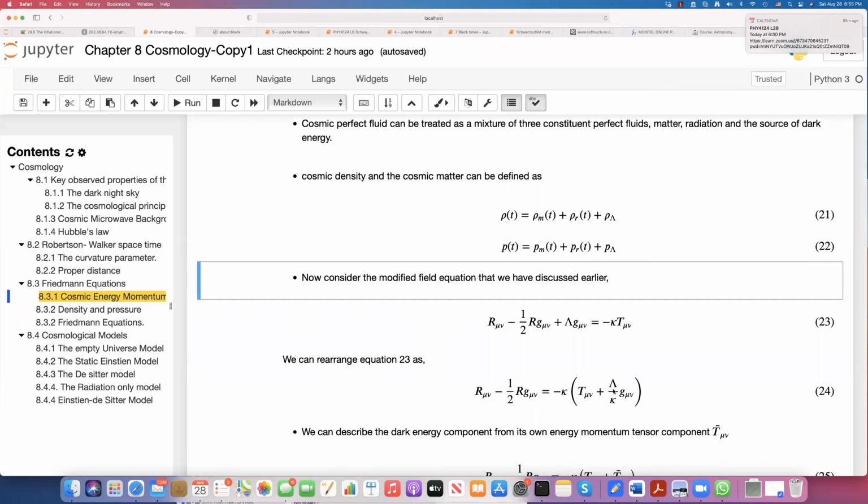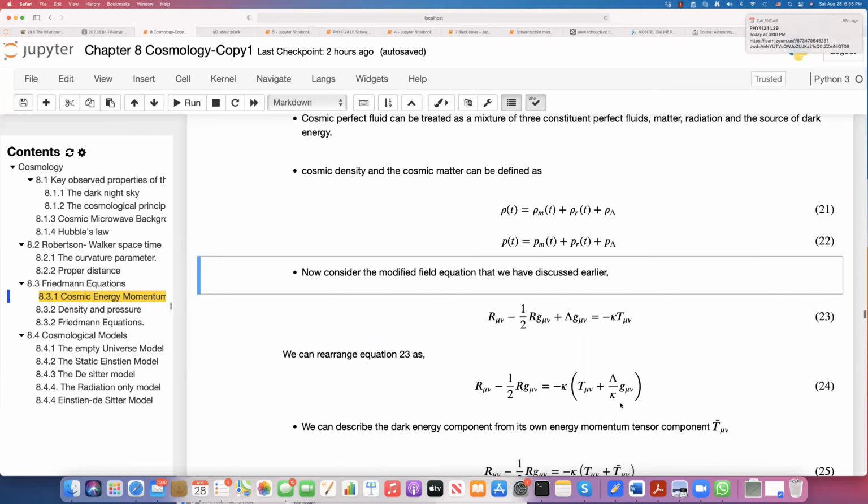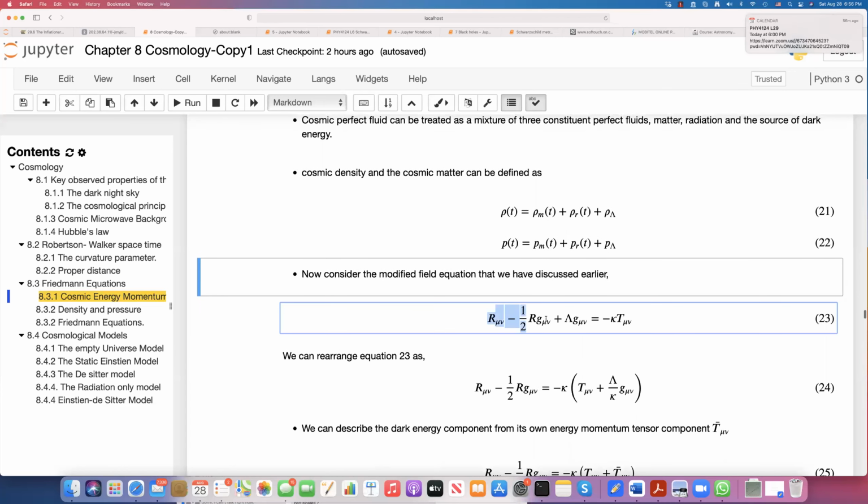Now, to look at this dark energy, since we haven't met it before, let's consider this equation, which is the modified Einstein field equation. We have discussed this earlier, so I have written the same equation here. And this is the dark energy term, or the cosmological constant, in Einstein's modified equation.